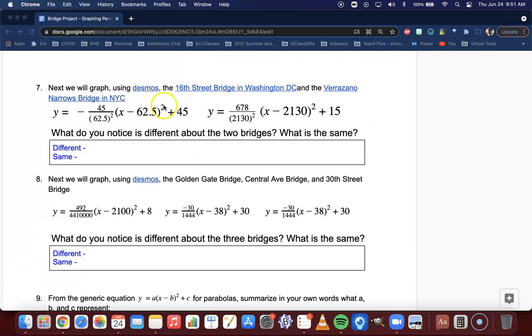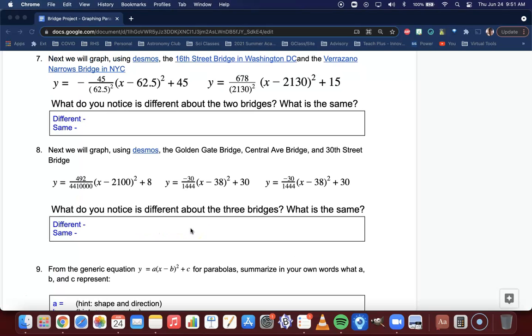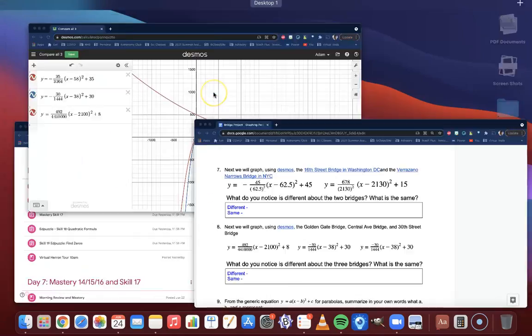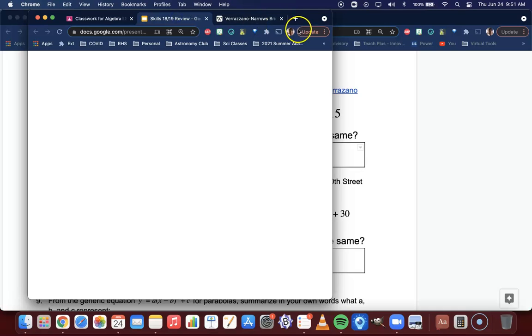So for our last little bit here, we're going to try to have you figure out in this equation, what does what? What does A do, what does B do, and what does C do? To help you with that, I'm going to give you a couple other bridges. You've got the 16th Street Bridge in Washington, D.C., which looks like this.